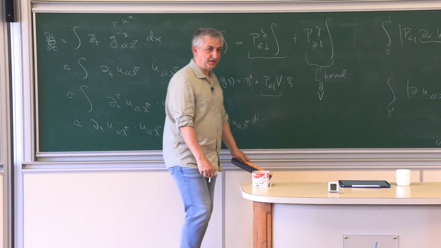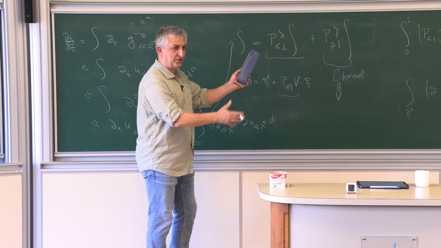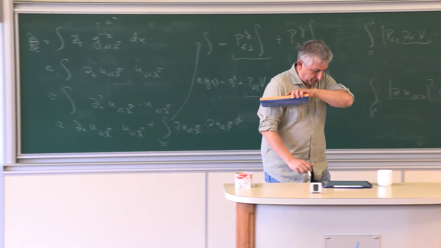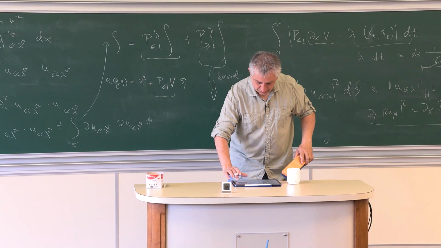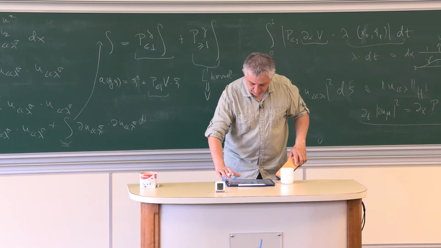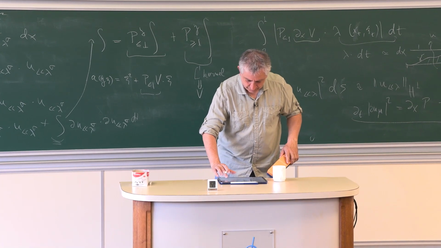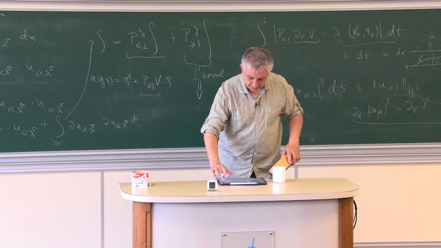Yeah, what I was saying in the beginning. So this is where the story connects with my story from the beginning. All right, so in a nutshell, this is what happens in one dimension.